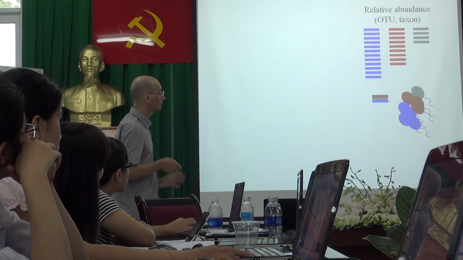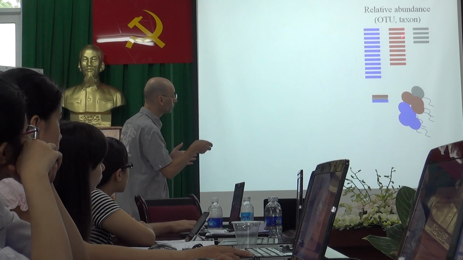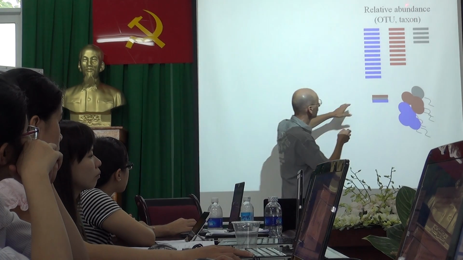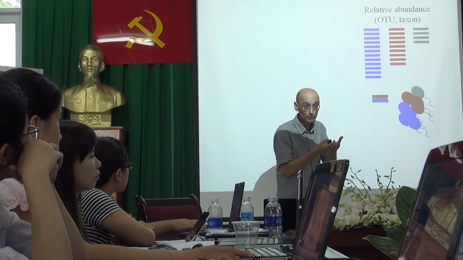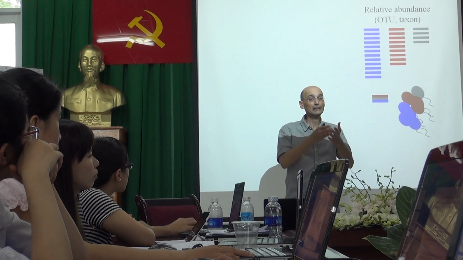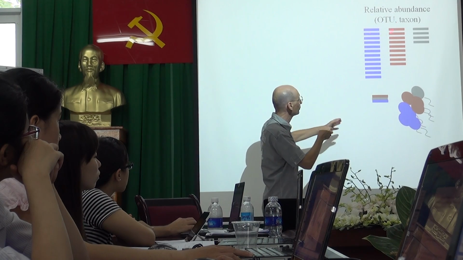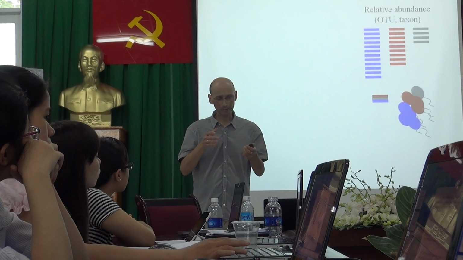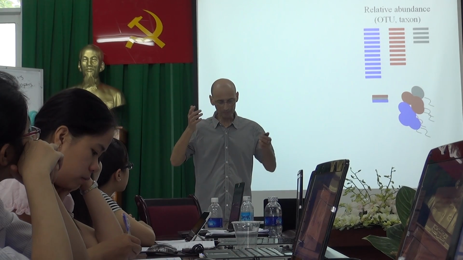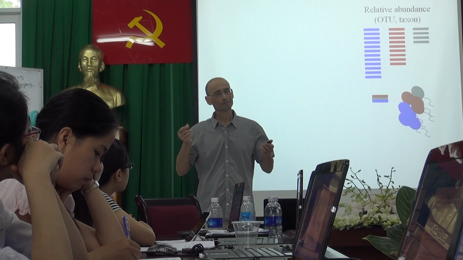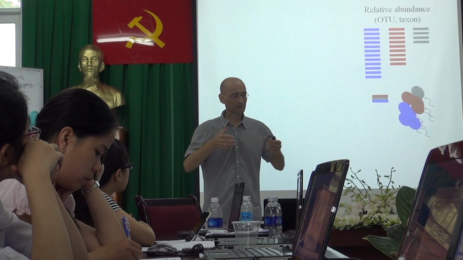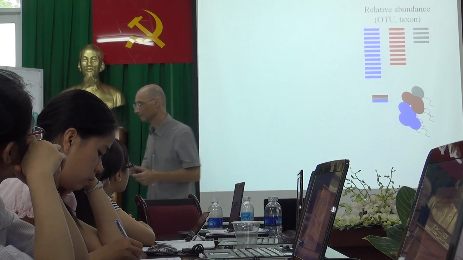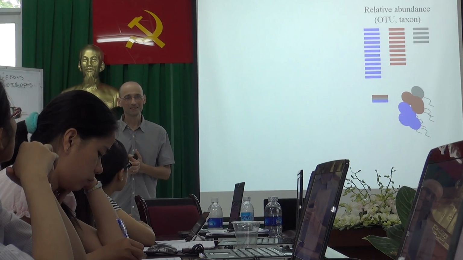Okay, and the definition of what is blue, brown, or gray is what we call a taxon, or the name, like E. coli, or what we call an OTU. If you remember, it's a defined group.